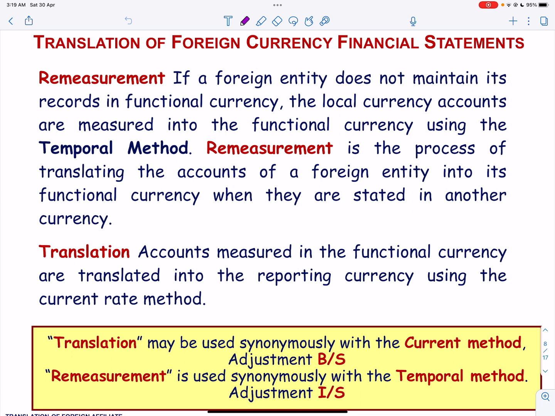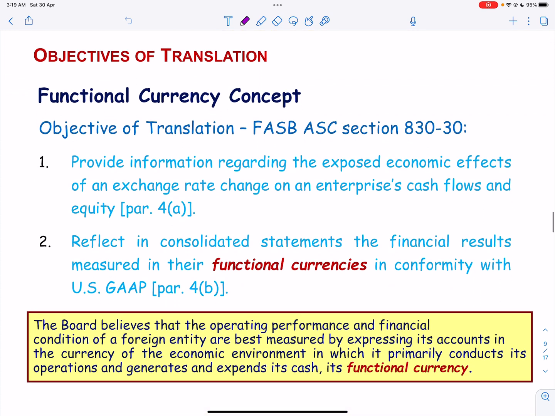We will talk about the two methods in a while after explaining an important concept called functional currency. A company will use the remeasurement method or the translation method depending upon the functional currency.